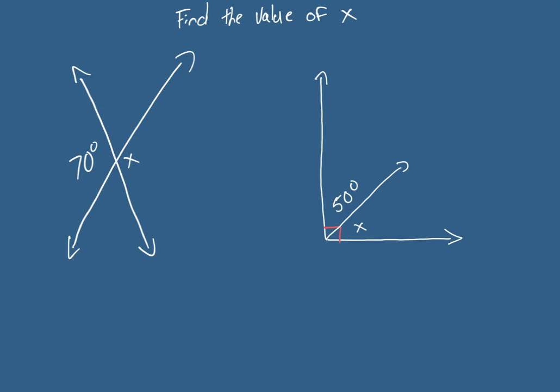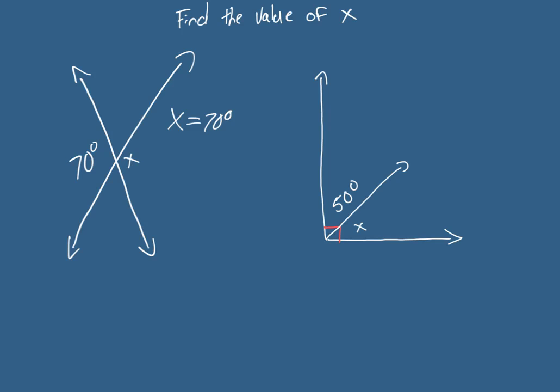What does x equal? If you can recognize that x is right across from 70, and 70 and x are vertical angles, and remember that vertical angles are congruent, we would know that x has to equal 70 degrees.